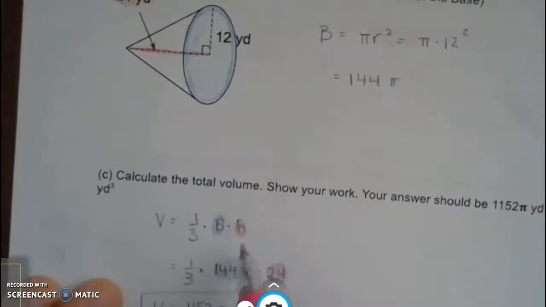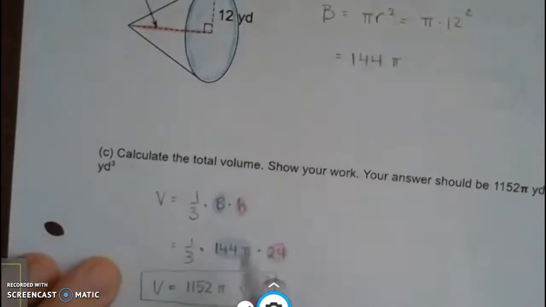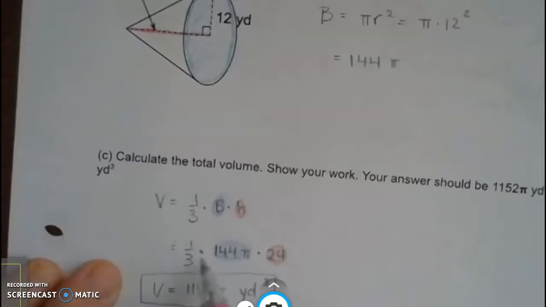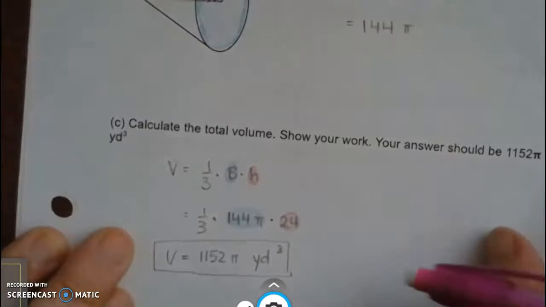So h is 24 multiplied by 144 pi, and then multiply that by 1/3 because this is a cone. That leaves us with 1152 pi yards cubed.